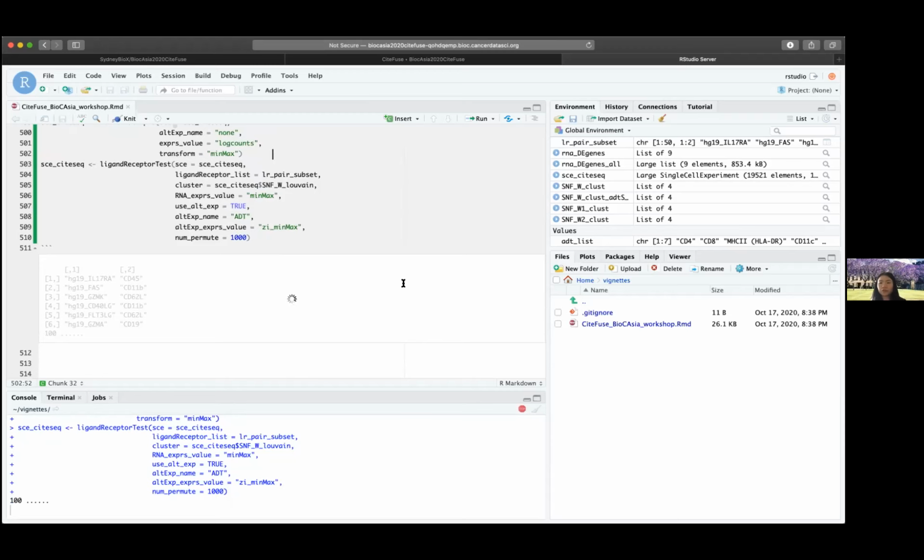Any questions while we are waiting for this permutation test?